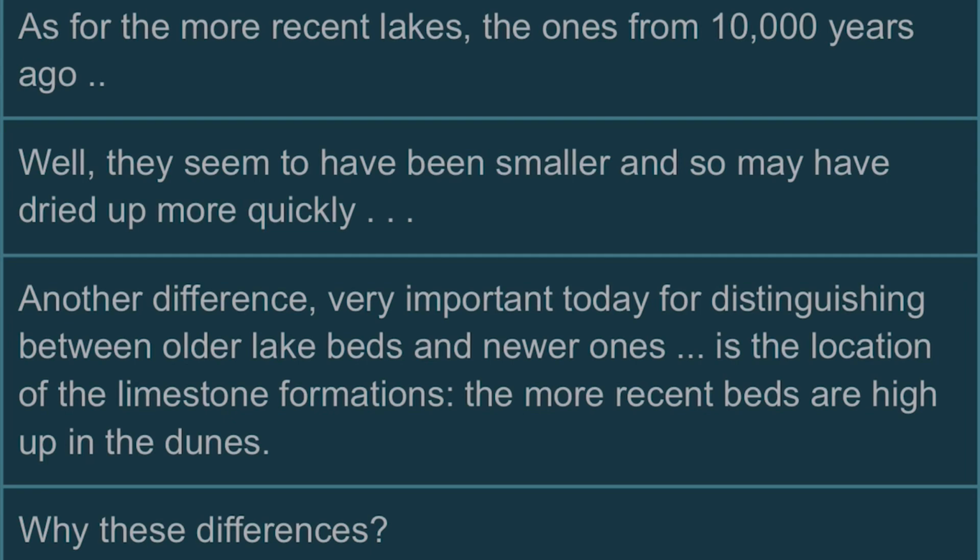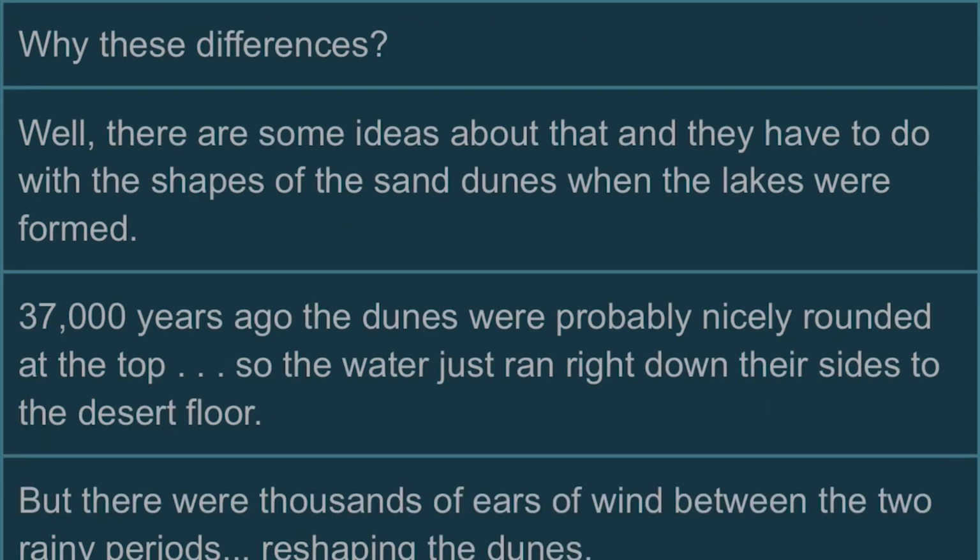Another difference, very important today for distinguishing between older lake beds and newer ones, is the location of the limestone formations. The more recent beds are high up in the dunes. Why these differences? Well, there are some ideas about that, and they have to do with the shapes of the sand dunes when the lakes were formed. 37,000 years ago, the dunes were probably nicely rounded at the top, so the water just ran right down their sides to the desert floor.